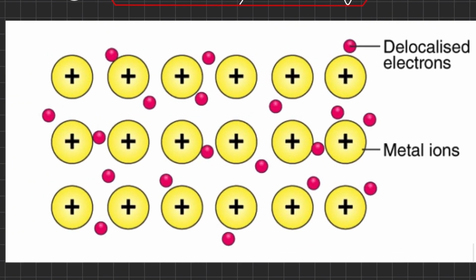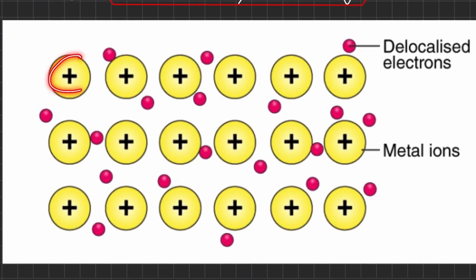According to this theory, the metal atoms are just like spheres. These metal atoms lose their electrons, as in the definition of metal it is said that metals are those atoms which lose or tend to lose their electrons. So these are the atoms after losing their electrons, and these red balls are actually the electrons.